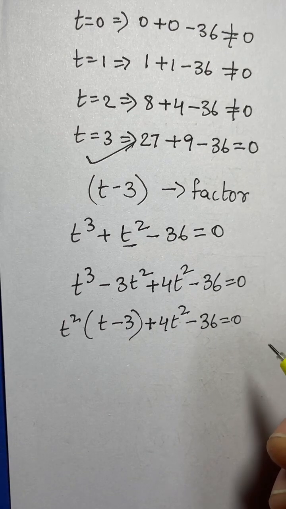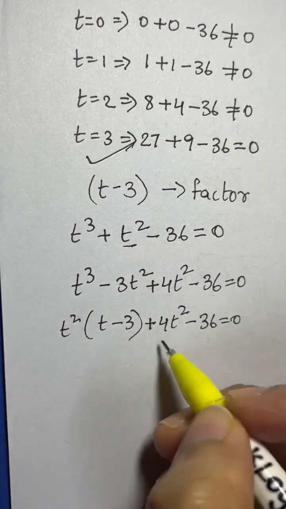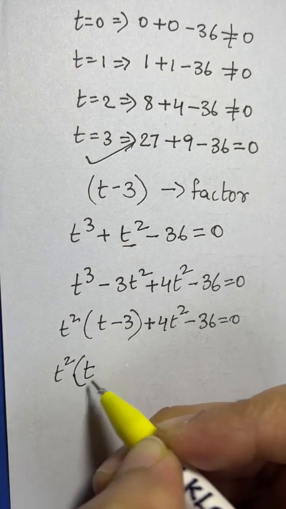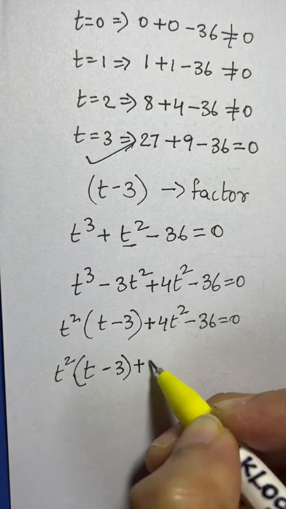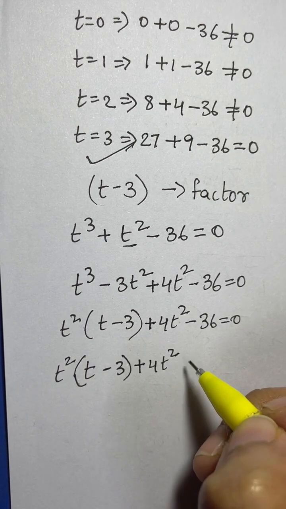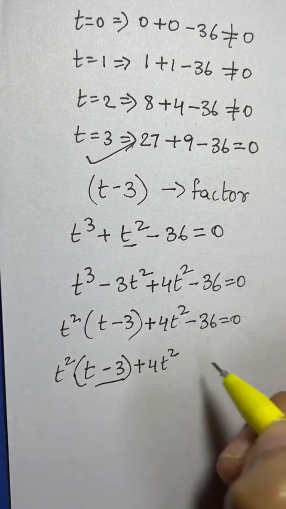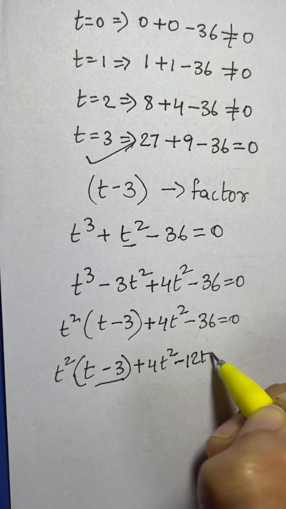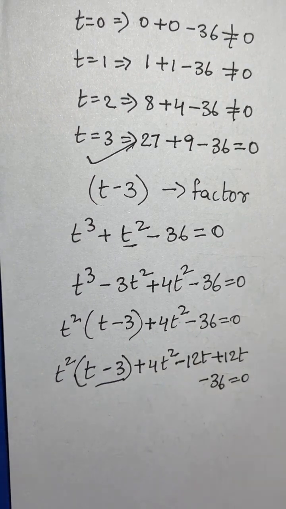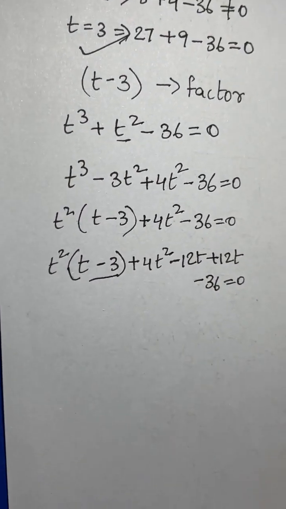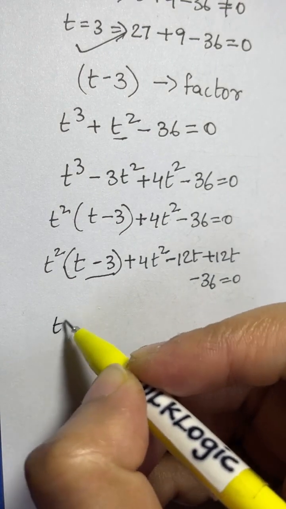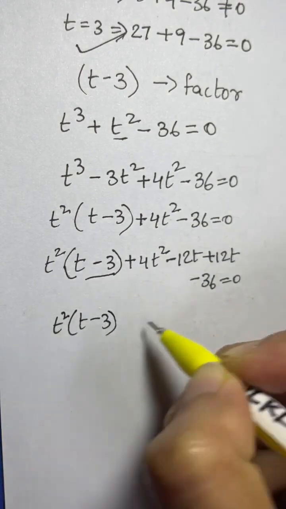Now here you have t minus 3, but what about this side? So you have t squared times (t minus 3) plus 4t squared. Now we're going to add and subtract 12t so that we get this factor again: minus 12t plus 12t minus 36 equals 0. Now you've got t squared times (t minus 3).